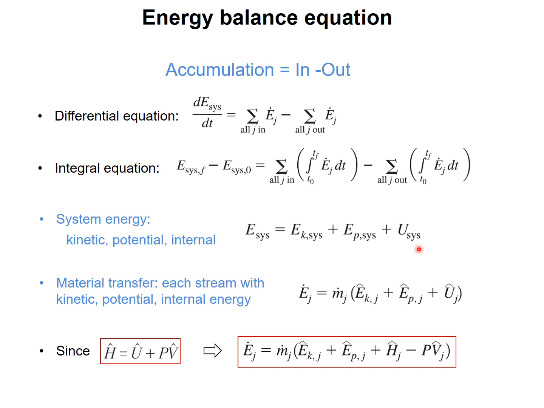And also, the internal energy can be replaced by enthalpy. Since enthalpy is equal to internal energy plus PV term, this equation is going to this one. For the internal energy, here I have written down H minus PV.